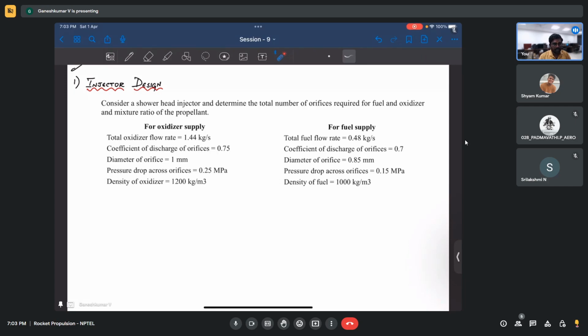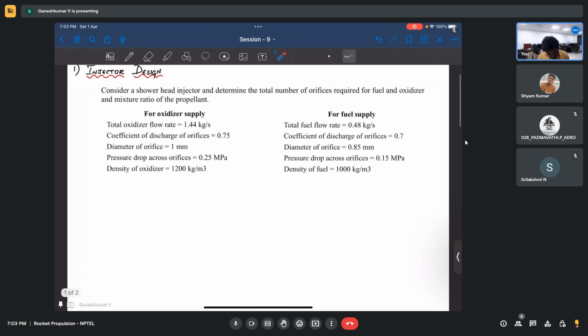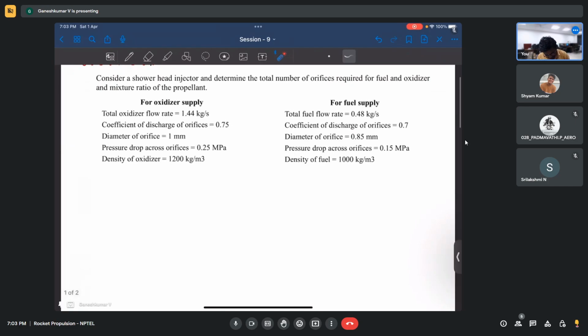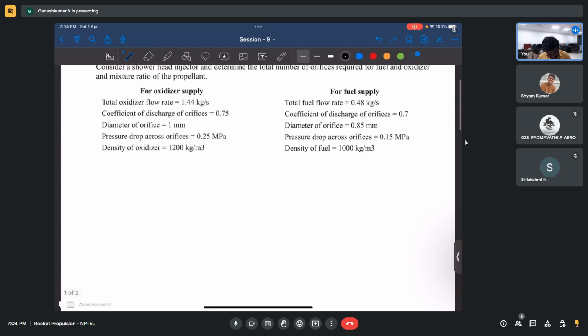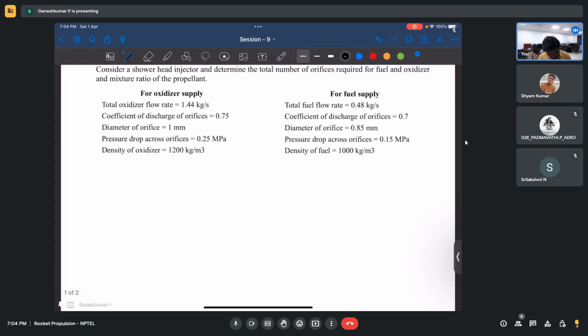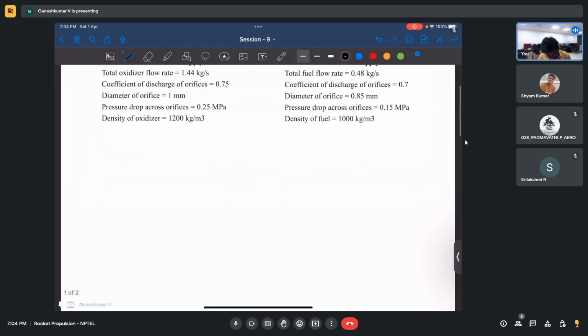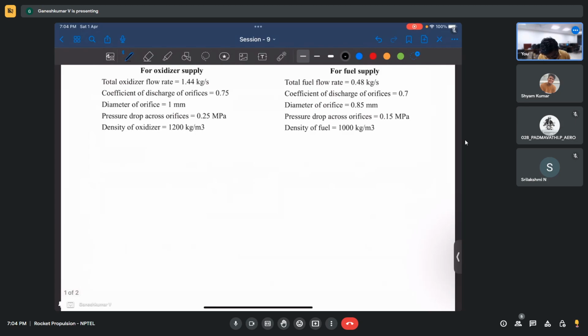But here the flow rate is given and you are asked to design the injector according to it. Let me first explain the question so that you can tell me how to solve it.